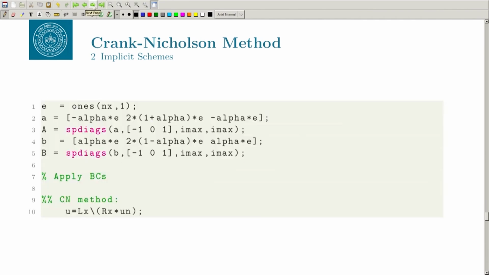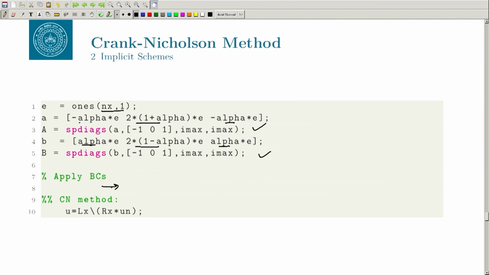You can write a little code to basically solve this problem. So, here for example, e is equal to ones of size x minus 1, and then you are putting minus alpha, 2 into 1 plus alpha and minus alpha on the off diagonal terms and create this matrix using spdiags. And similarly, for the right hand side, this is alpha, 2 into 1 minus alpha and alpha, and you are creating a matrix on the right hand side.